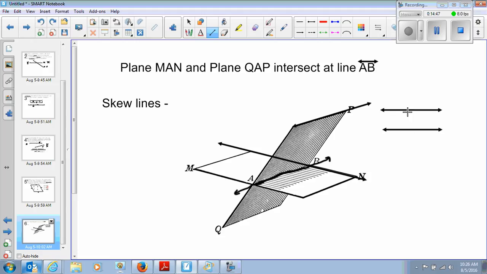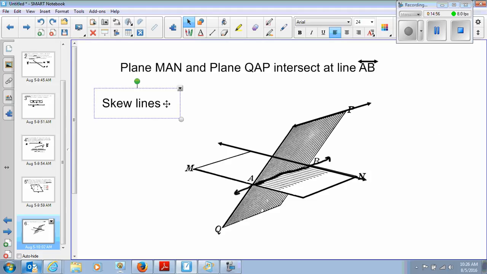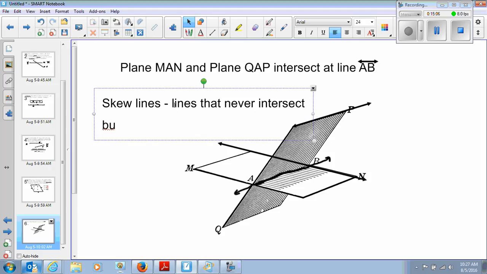However, they're not parallel lines. So we want to say that skew lines are actually lines that are in different planes but still never touch. They're not parallel. So skew lines are lines that never intersect, which means touch, but are in different planes.